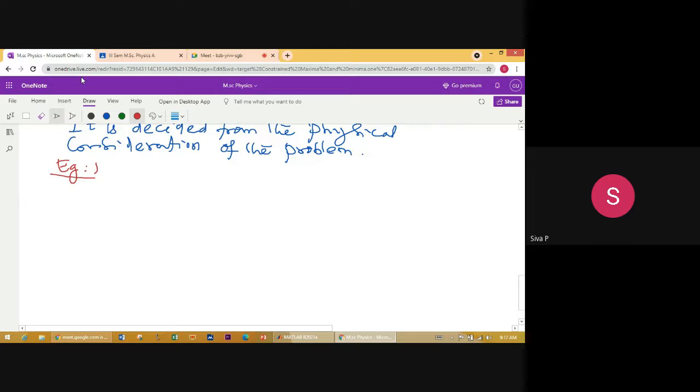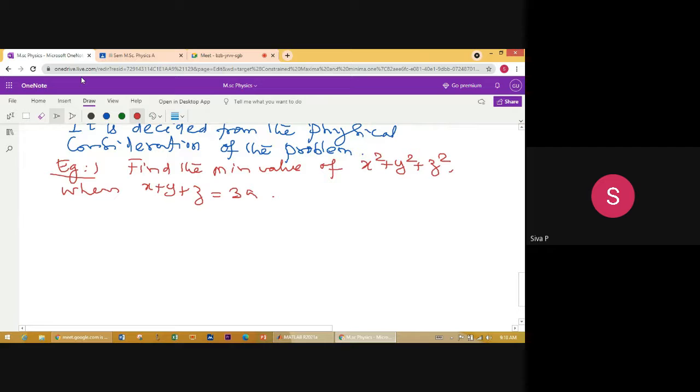Example one. Find the minimum value of x square plus y square plus z square when x plus y plus z equals 3a.